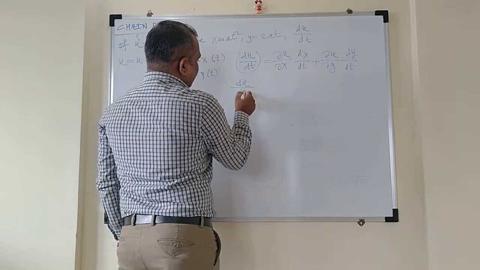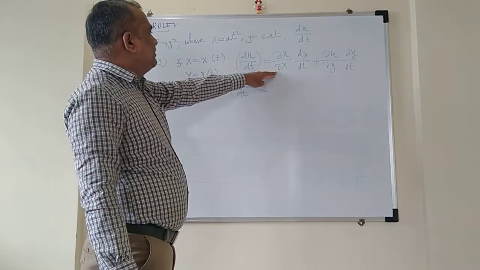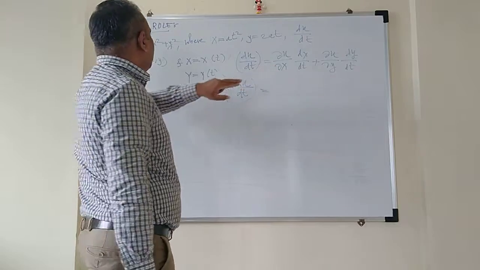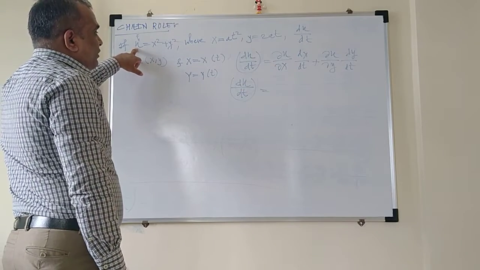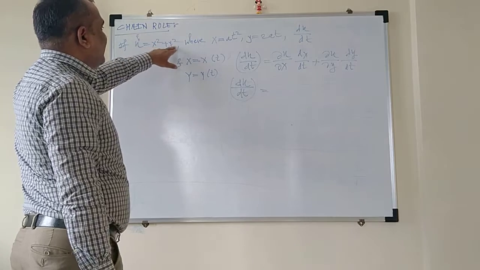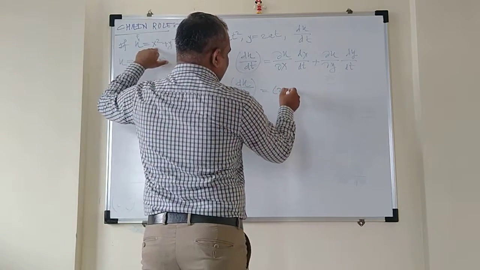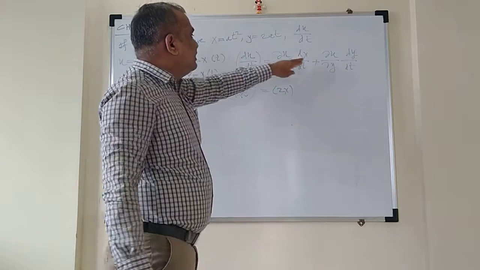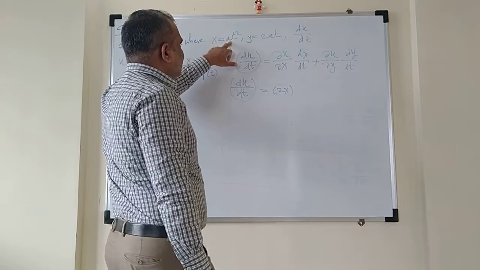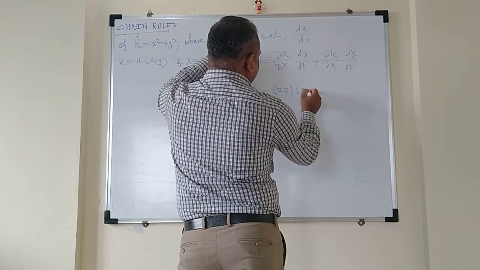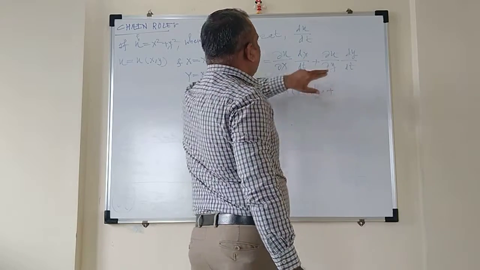So du by dt is equal to, now what is dou u by dou x? It's the partial derivative of the function with respect to x. The second term is a constant, so its derivative will be 2x. So this is 2x. And the differentiation of x with respect to t will be 16t. So 2x into 16t plus dou u by dou y.